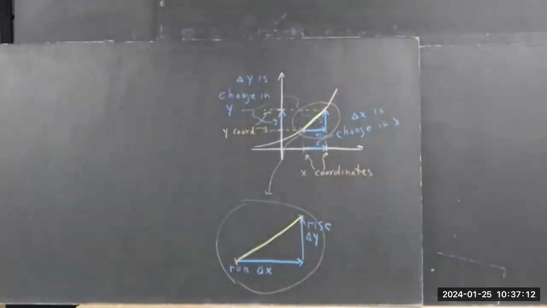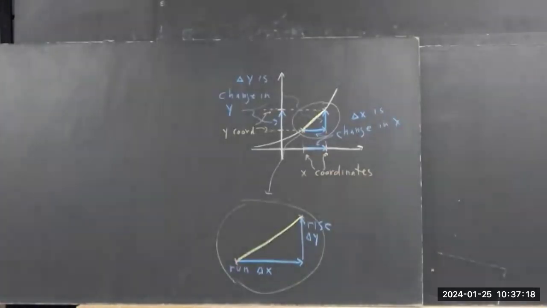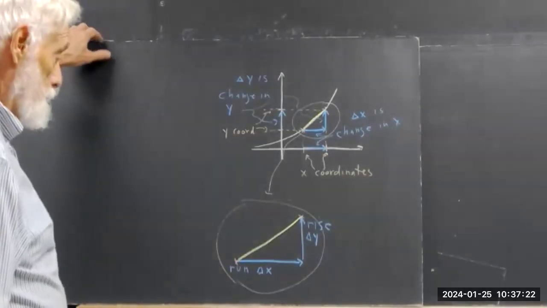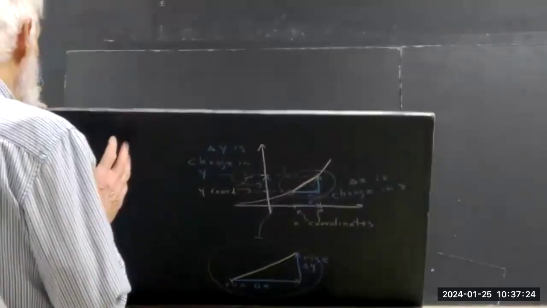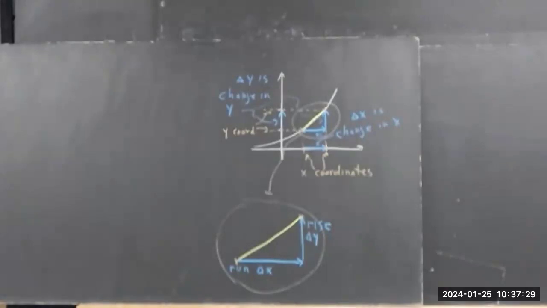Delta X is the run. Delta Y is the rise. Then we have a payoff here. Not really red, more pink, but I can't bring myself to call it pink.